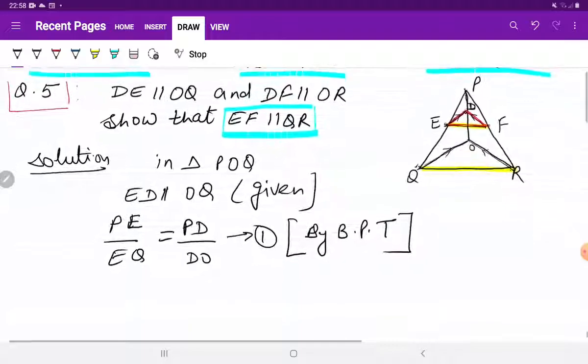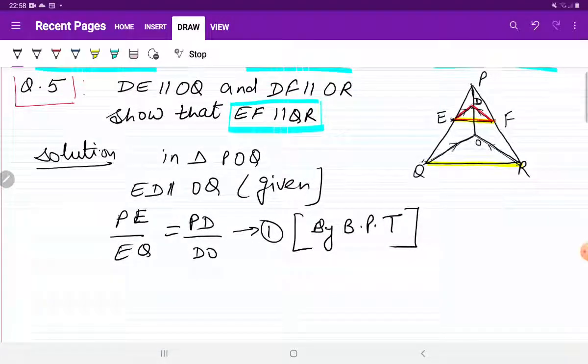Now come to the second triangle. First I took PDQ, now I am taking PDR.